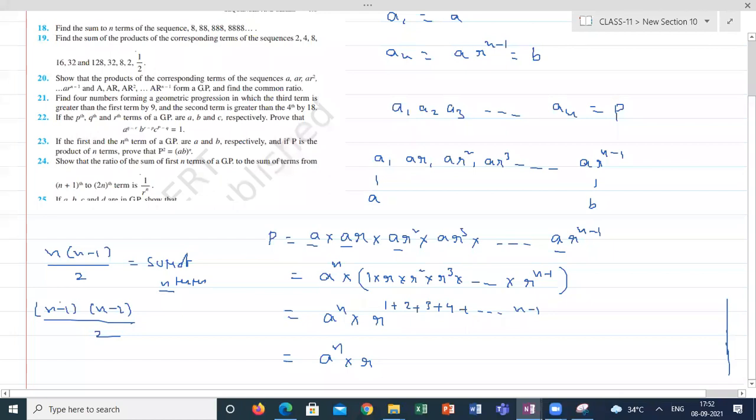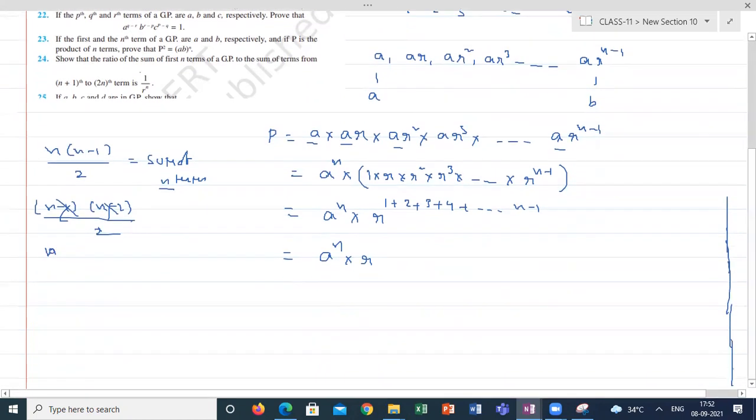The sum of n minus 1 terms is not n minus 1 into n minus 2 by 2. Calculate and let me know, guys. What is the Sn formula in AP? Students, please. The Sn formula in AP is n by 2 into first term plus last term.